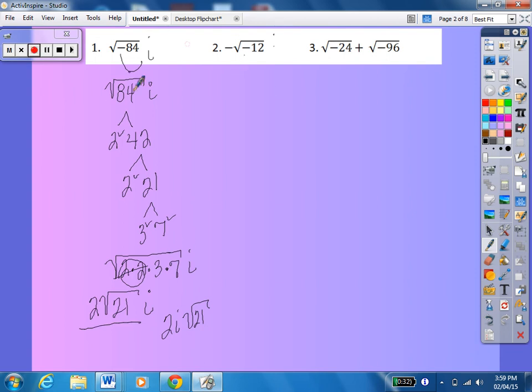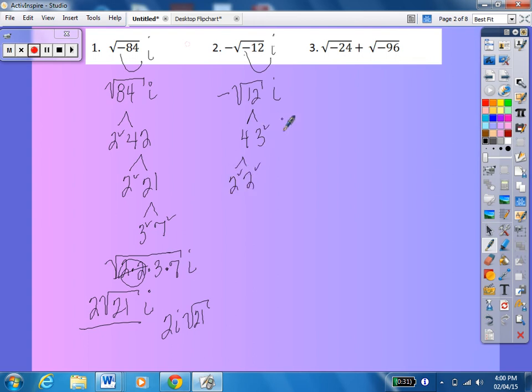Now the difference between number 2 and number 1 is that you have an opposite symbol out here which says the opposite of, or negative, whatever it is. So again, the I comes out. Everything else is going to stay exactly the way it is and continue to work it down. So we're going to break up that 12 into, we'll do 4 times 3 and 2 times 2.